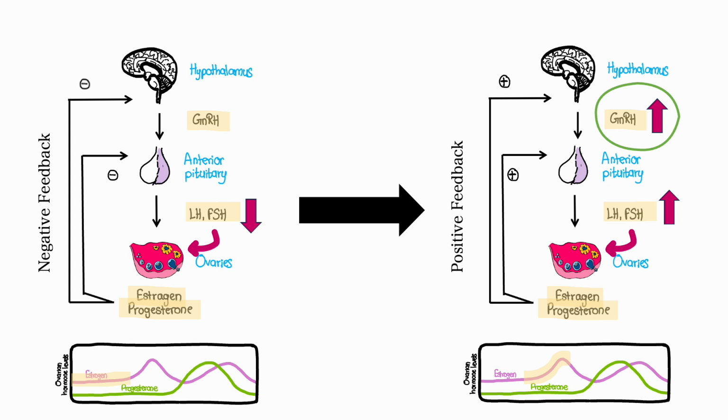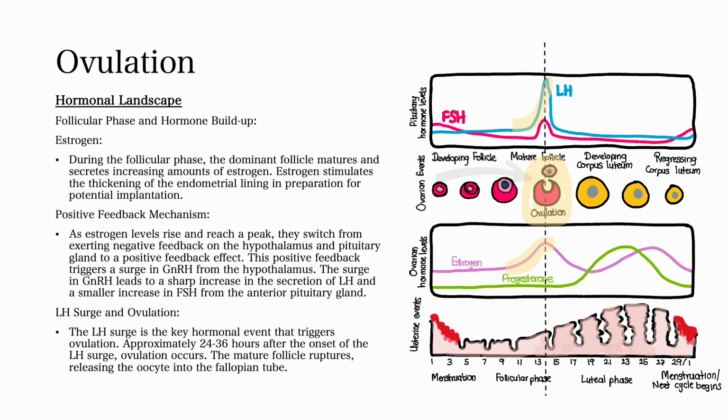The surge in gonadotropin-releasing hormone leads to a sharp increase in the secretion of LH and a smaller increase in FSH from the anterior pituitary gland. The LH surge is the key hormonal event that triggers ovulation. Approximately 24 to 36 hours after the onset of the LH surge, ovulation occurs. The mature follicle ruptures, releasing the oocyte into the fallopian tube.